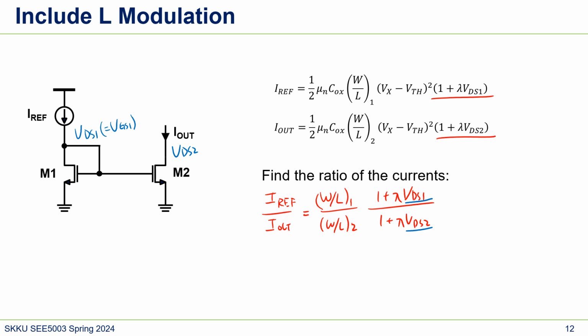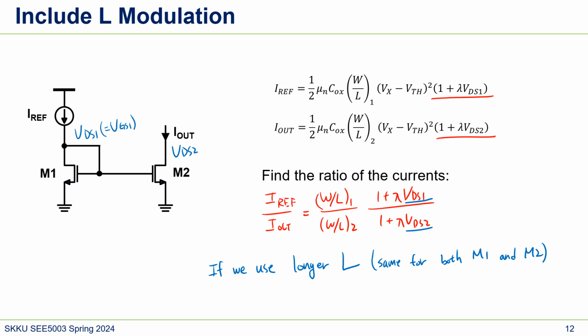Well, there's one way that we can mitigate this impact. That could be if we use a longer L. As I said, L is the same for both M1 and M2, right?